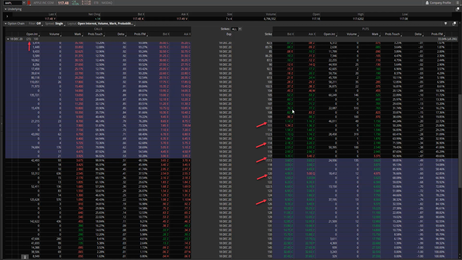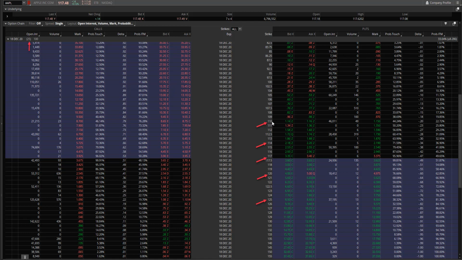If you look here, the intrinsic value is still the 117.38 on the call side minus the strike prices that you see over here. But I just want you to see how you calculate this on your own, and then I'll show you how it works automated in the system, and how it breaks down easily when you go to place your order.